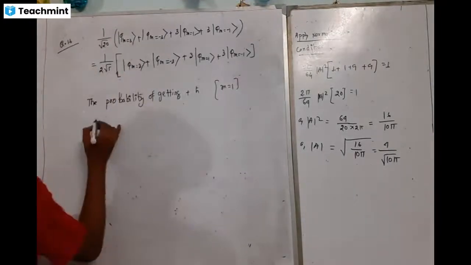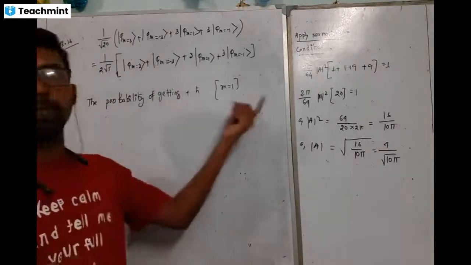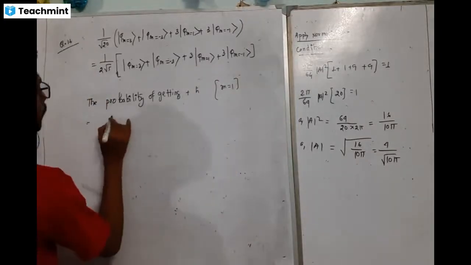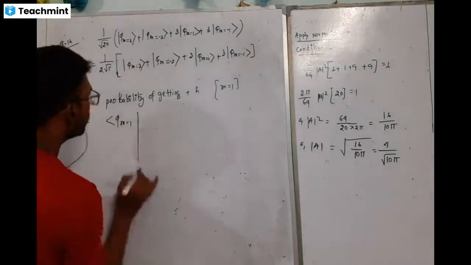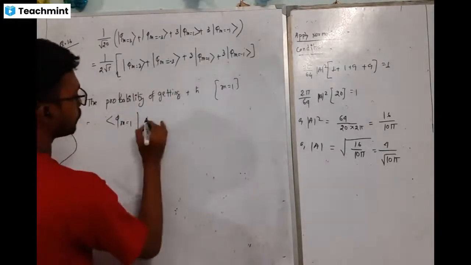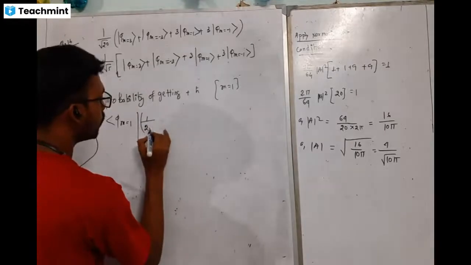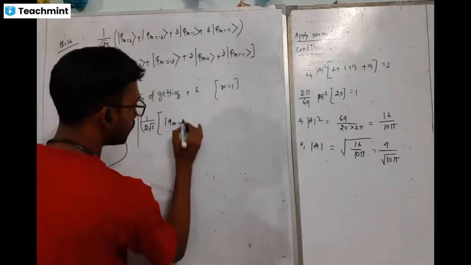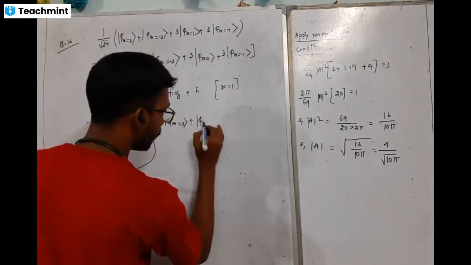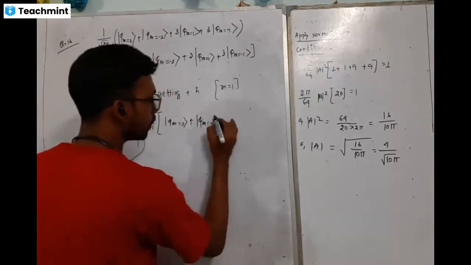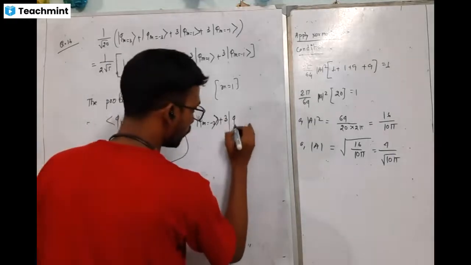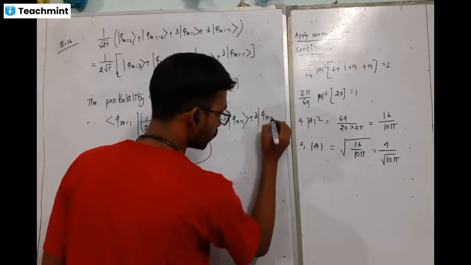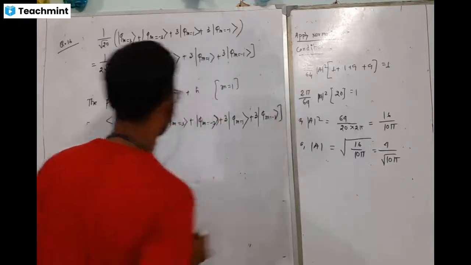So with respect to the state you get, you have to find the probability for φ m = 1. It equals this state: 1/(2√5) times φ m = 3 ket plus φ m = -3 ket plus 3φ m = 1 ket plus 3φ m = -1 ket.